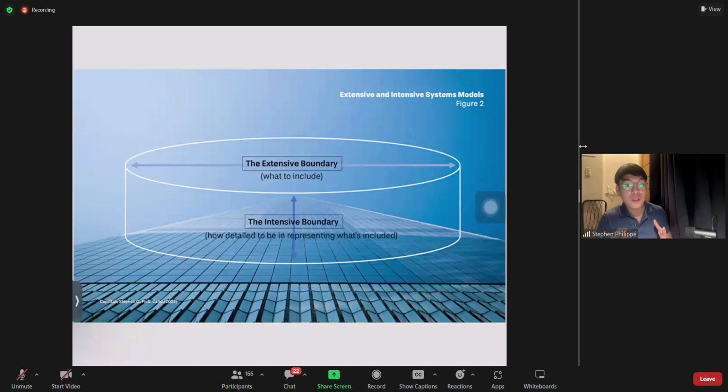Should the students know about this, or should the teacher talk about cancer alone? Does he or she need to introduce to them what cell division is, or what pathogenesis is, and all of that? So the extensive boundary is what to include. The intensive boundary is how detailed it should be.